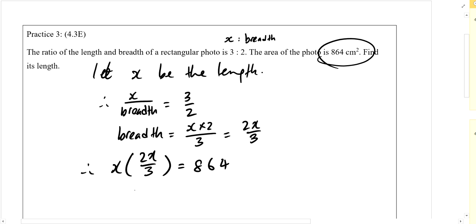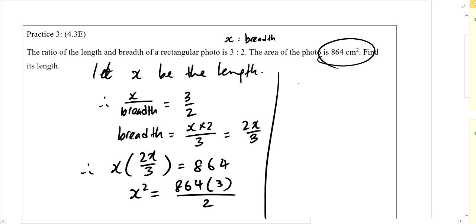So x squared equals 864 times 3 over 2. We continue on this side. x equals plus minus, so this big number will be 1296, which gives us 36 or negative 36. So we have two answers over here.